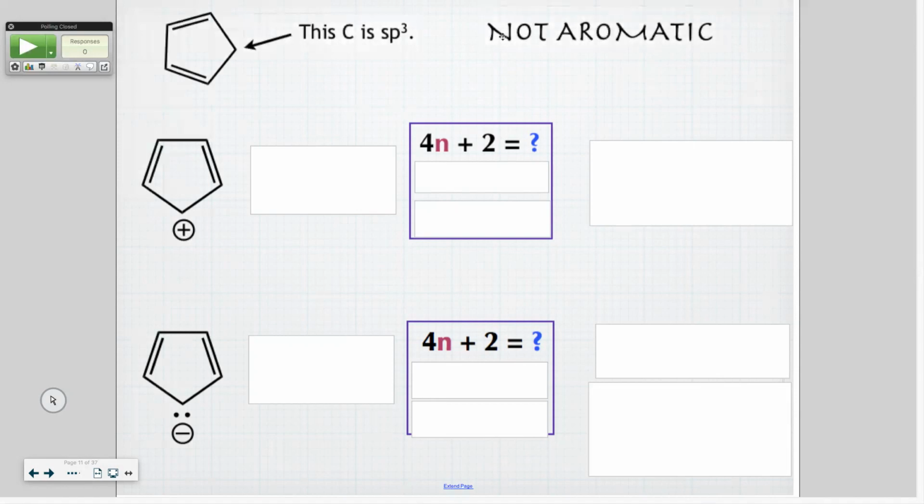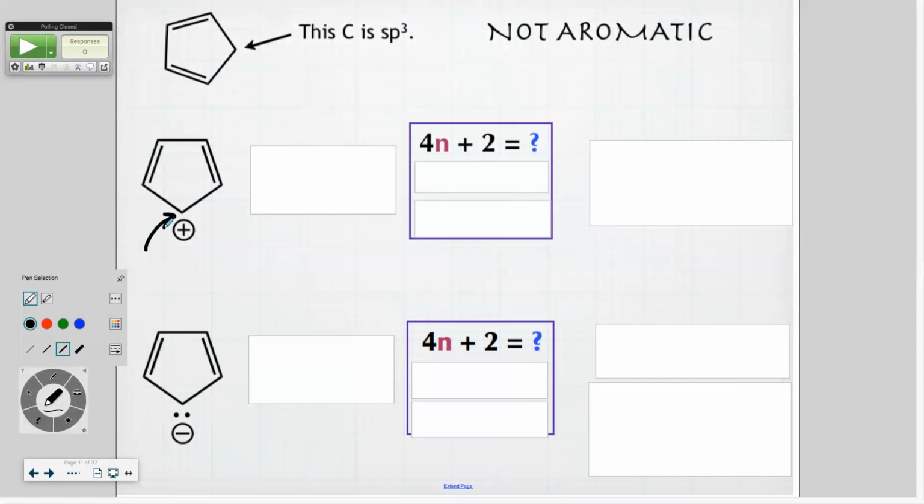Okay, what about this molecule? Ooh. Okay, what do you think about this carbon? What can you tell me about the hybridization? It's hybridized. Good. All carbons are hybridized. Okay. That was a safe answer, wasn't it?